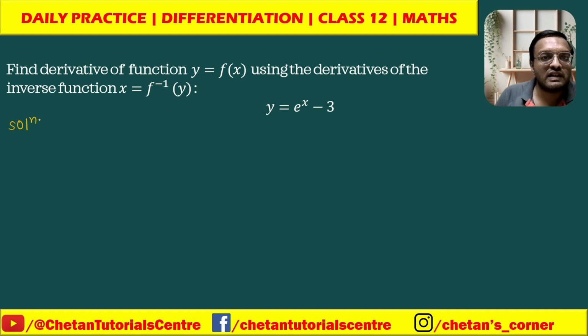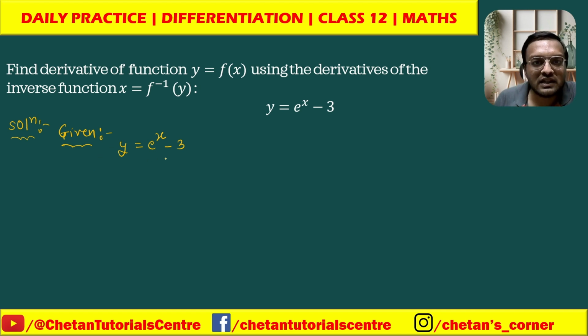First of all, we write the given solution this way. Given, and then we note down the given solution y is equal to e raised to x minus 3. Now here you can see that this function is in terms of x.